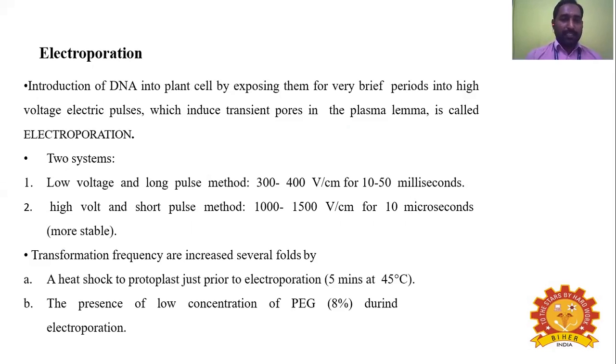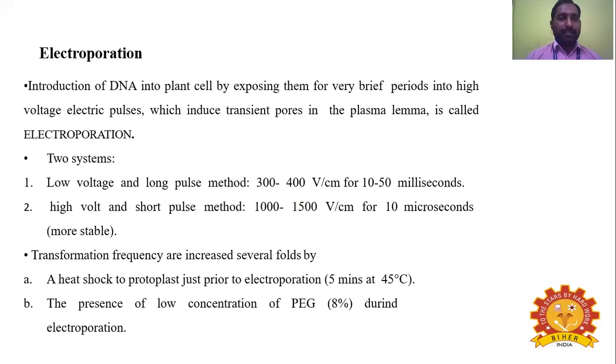This high voltage enables pores to open in the membrane, and once that happens, the foreign material or vector system can get in through the plasma membrane. There are two systems. The first is low voltage with a longer period of exposure, that is 30 to 40 volts per centimeter for 10 to 50 milliseconds.